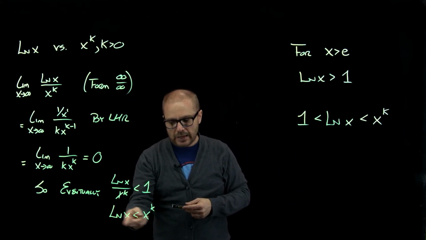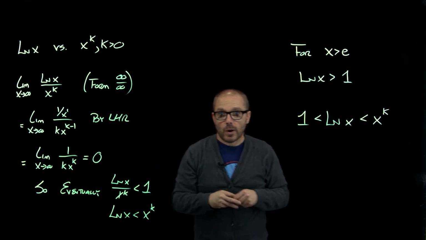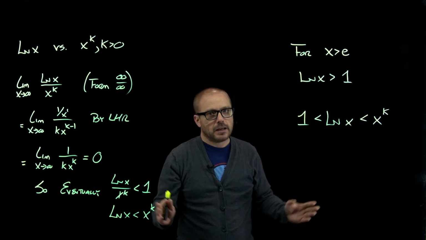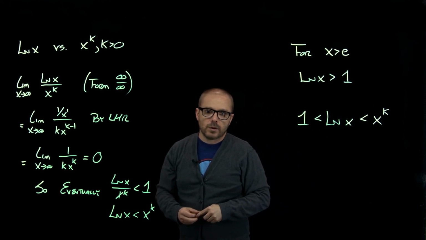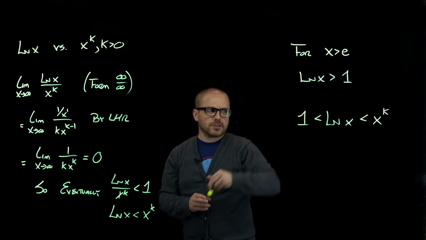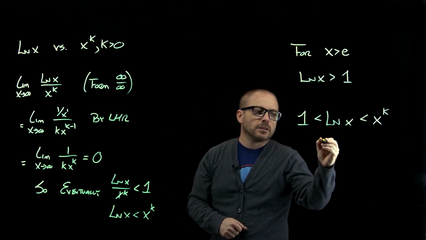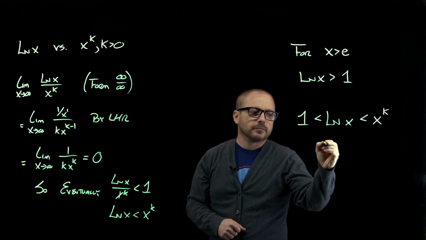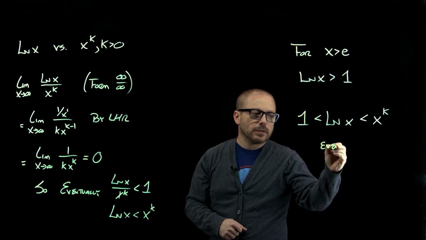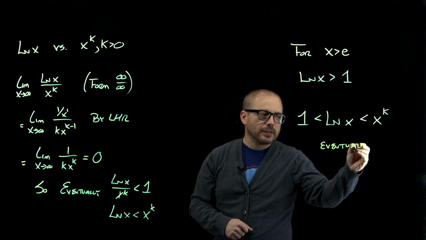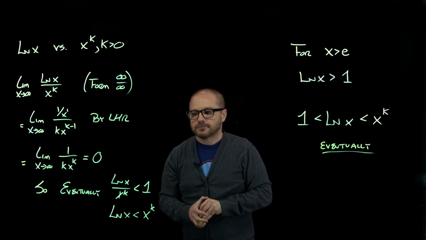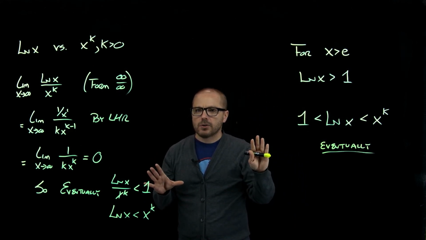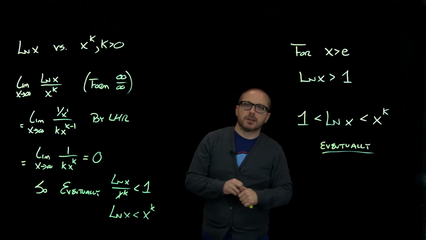You can just say that we know natural log of x is eventually less than x to any positive power. And we know that natural log of x is greater than 1 when x is greater than e. So, just to be precise, we'll say eventually. So whenever you're encountering natural log of x, keep these inequalities in mind.